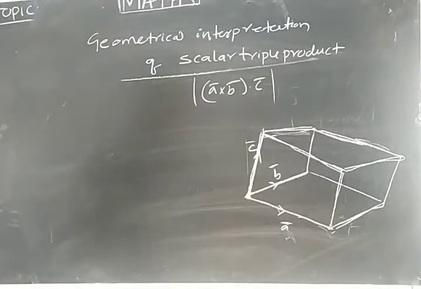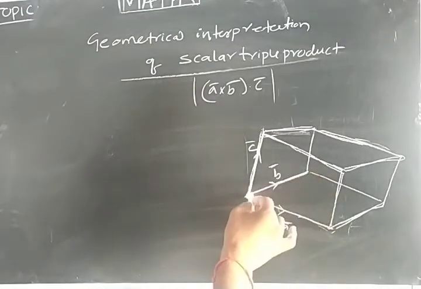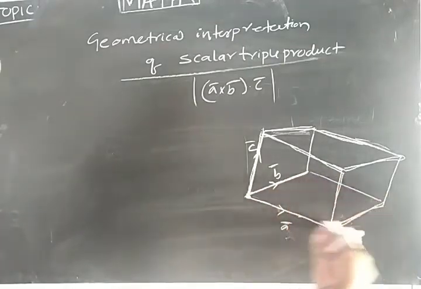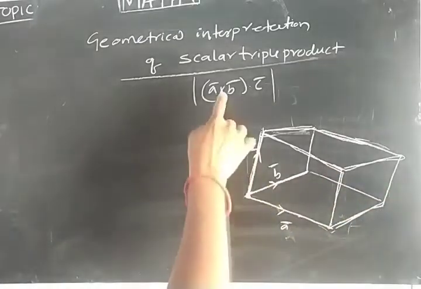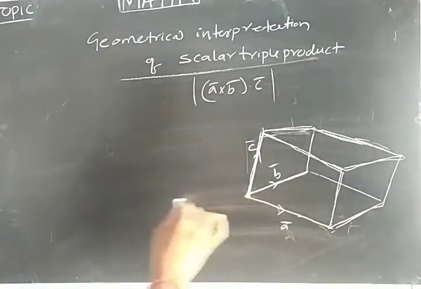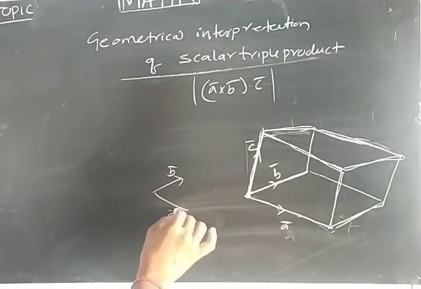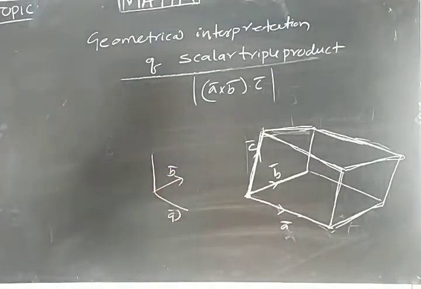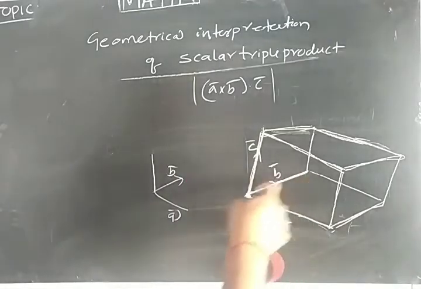Now see, what is A cross B bar? A bar and B bar lie on one plane, which is the bottom of the box. A cross B bar will give a vector perpendicular to both A bar and B bar.